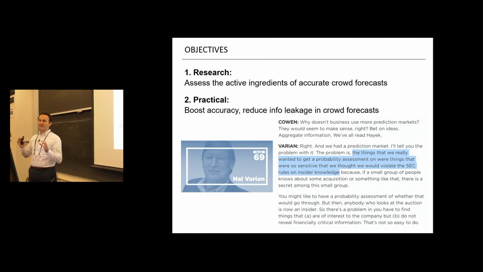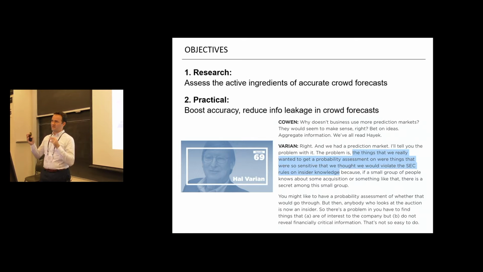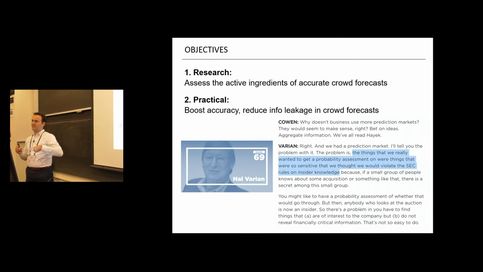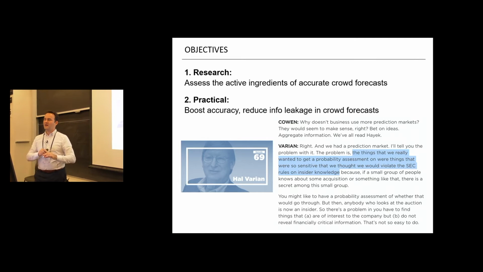So if they have something sensitive about the company, like when they will launch the next product, that may materially affect the stock value, and someone goes on the internal prediction market and makes a big move, then everybody on that prediction market knows because the price has moved, and that may be considered insider knowledge, and so Google may get into trouble for creating insider knowledge.